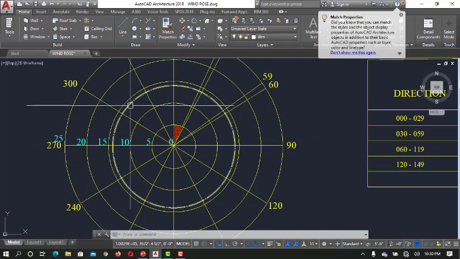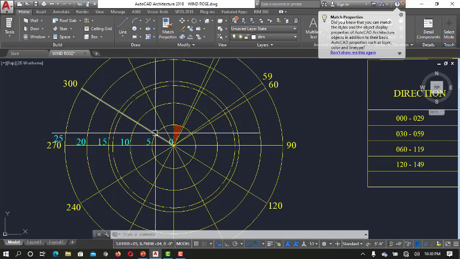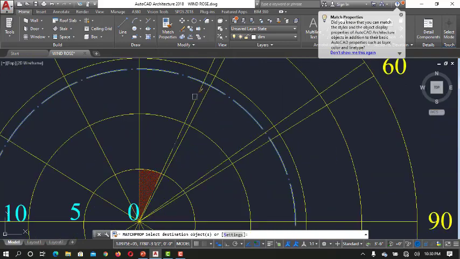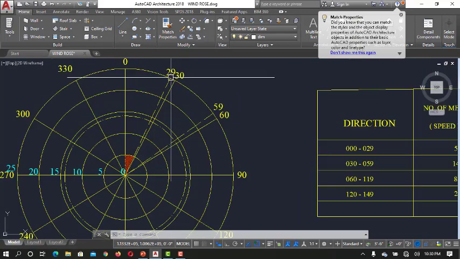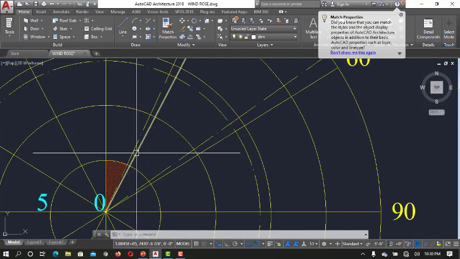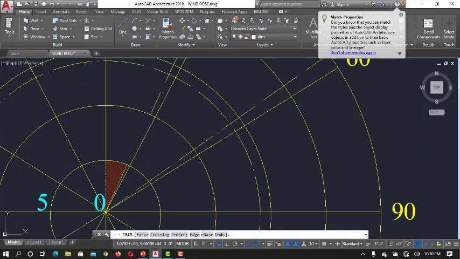Another thing that you need to do is, for example, if this is 29, you need to trim this angle, right? After plotting this, you are supposed to trim this. Like this was at 29, so after plotting this, you will trim it. And you can write 29 over here as well, and you can also write it here. Both ways are correct.